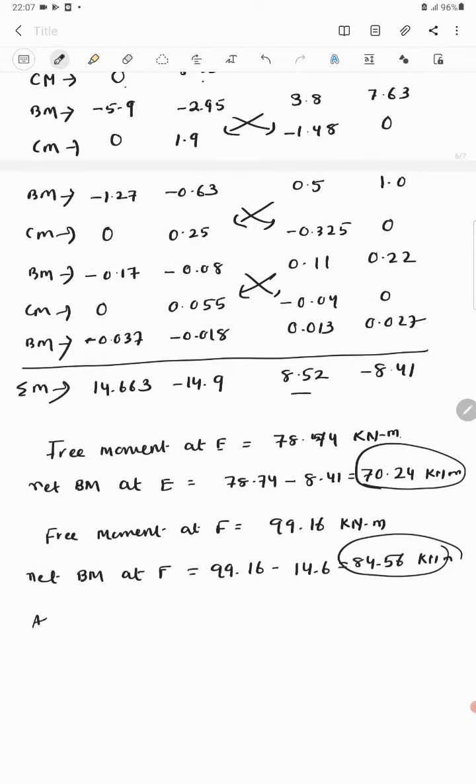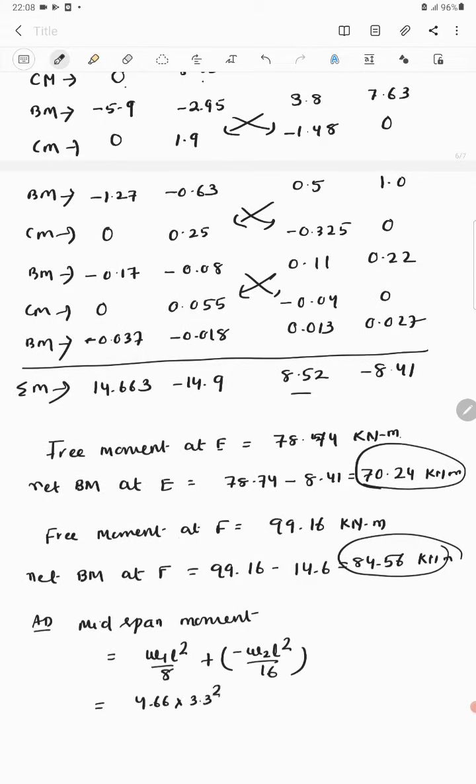Now for this AD, what is the midspan moment? Midspan moment will be W1L square by 8 plus W2L square by 16. So what is W1? 4.66 into 3.3 square divided by 8 minus 12.54 into 3.3 square divided by 16.